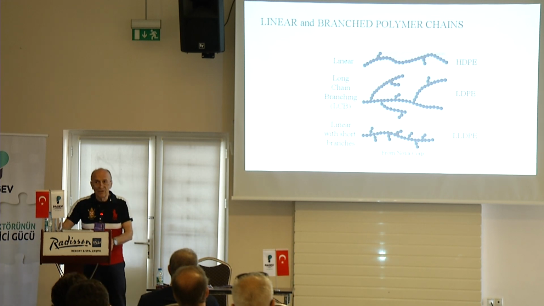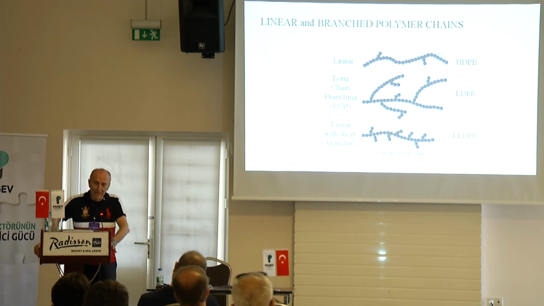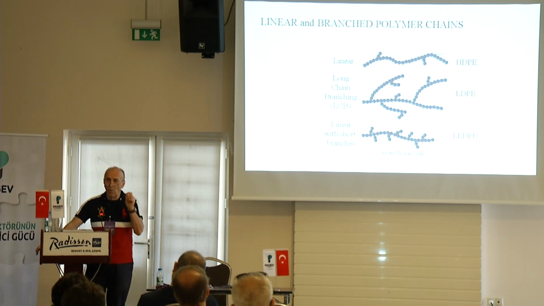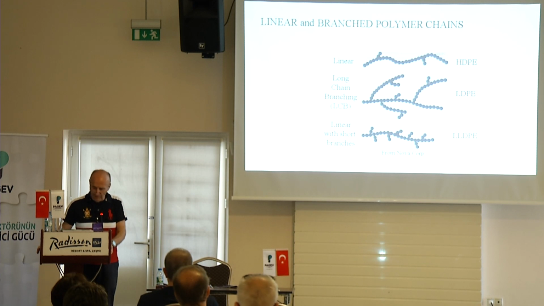And you do not need very many branches to have important rheological effects. Just few branches. Let us say one branch per 10,000 carbon atoms. One branch. It will have important rheological effects. It changes a lot. So something else to remember is branching, and we'll talk about it.